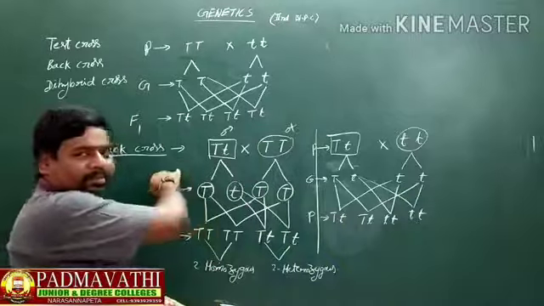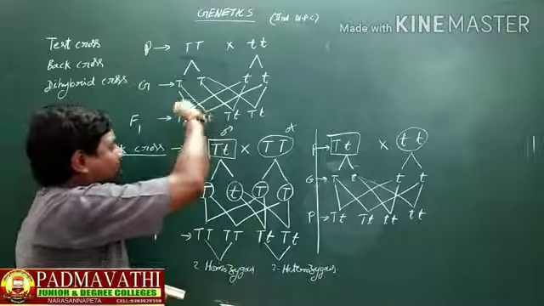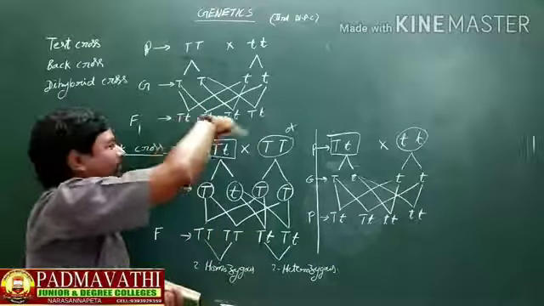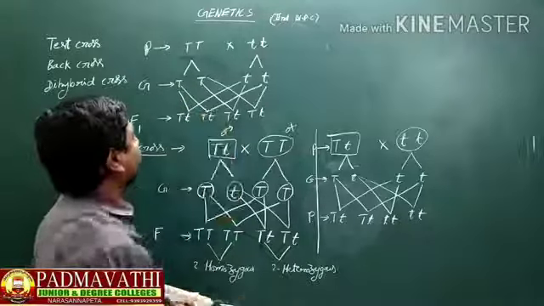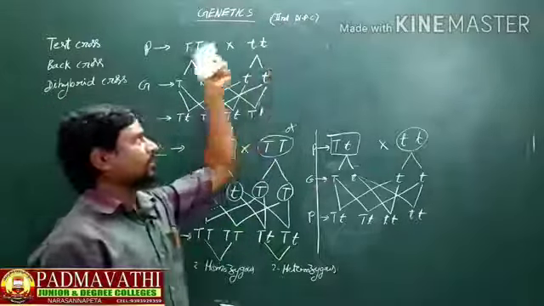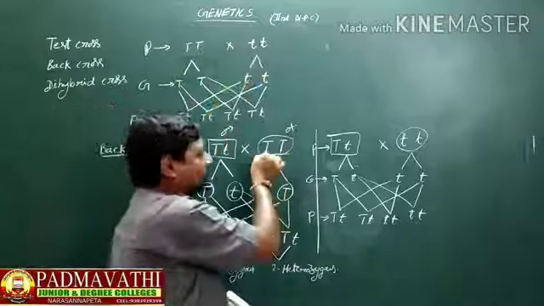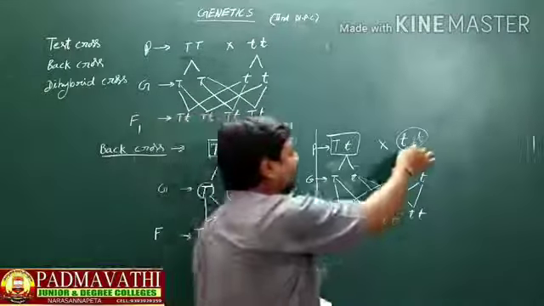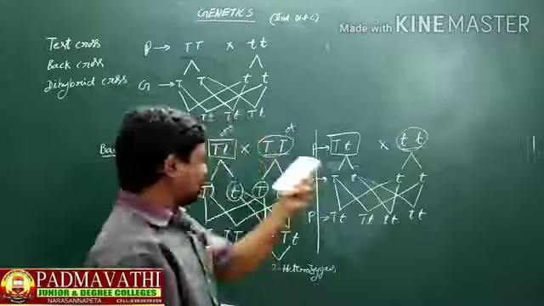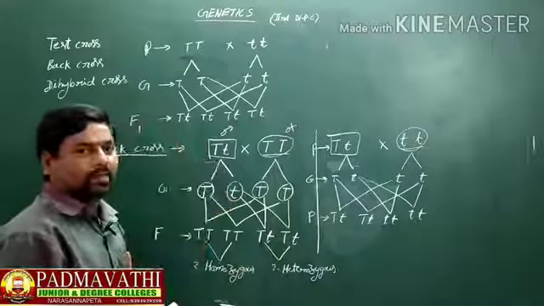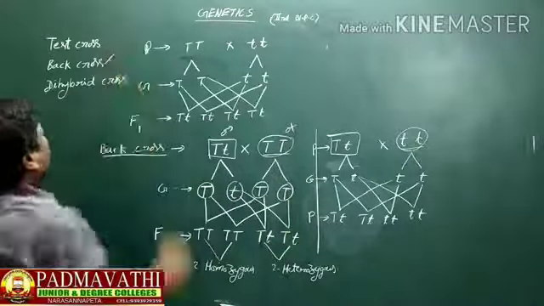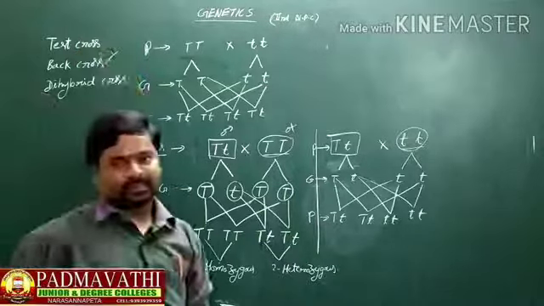So backcross means when the F1 generation is crossed with any one of its parents, either homozygous tall or homozygous dwarf. It is complete. Now we are going to the test cross.